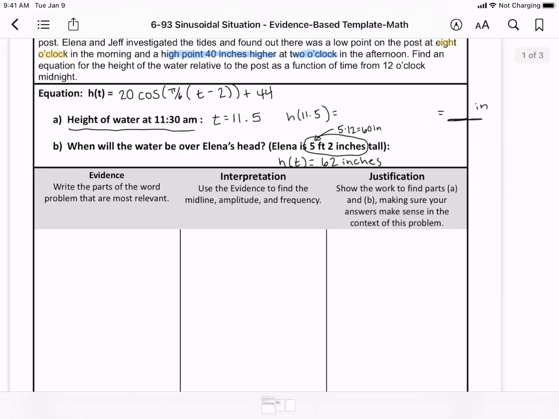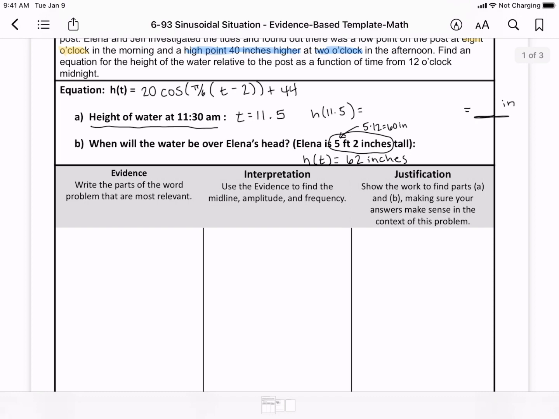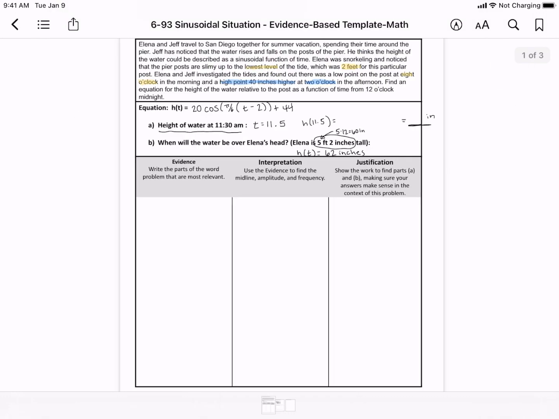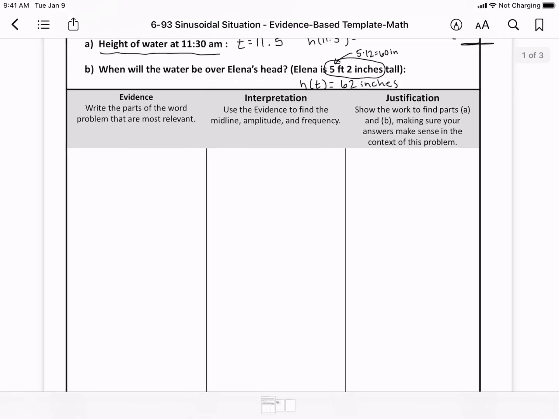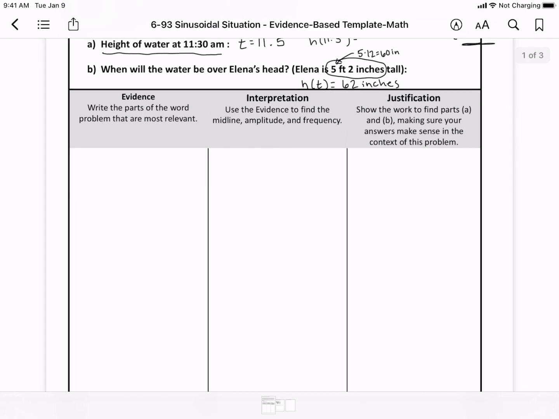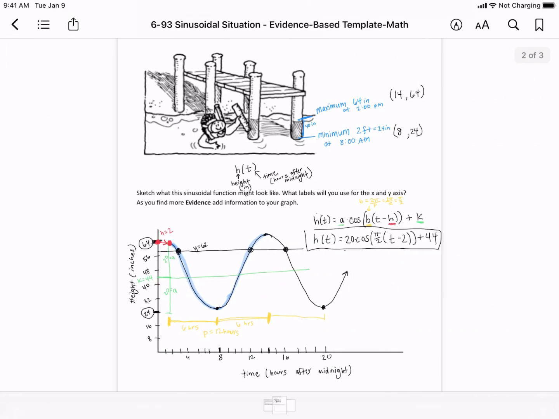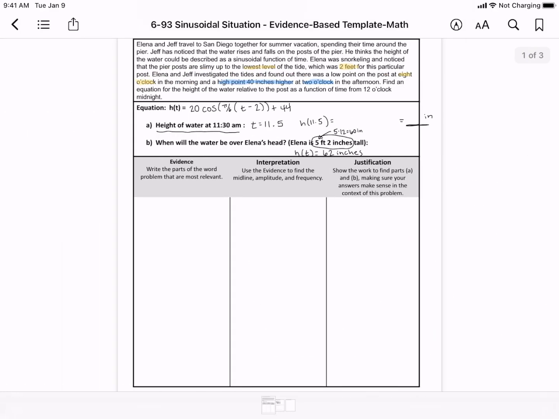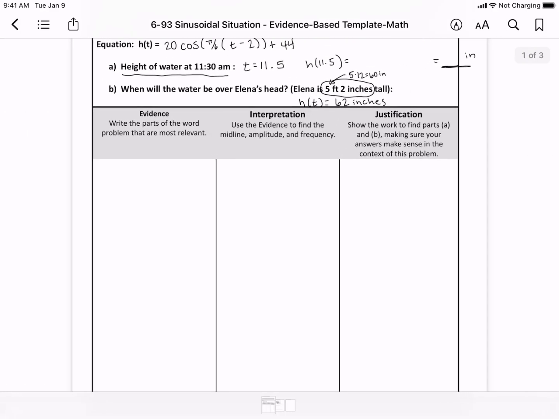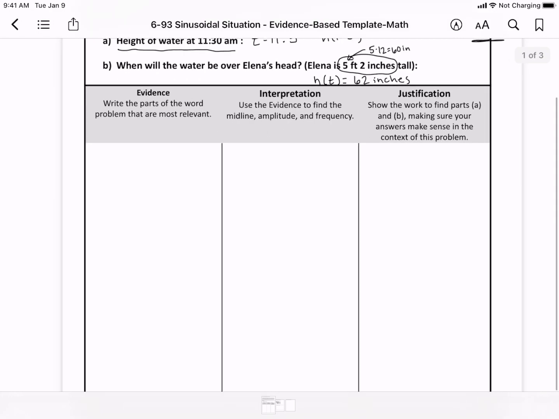Okay, so those are the main things I want you to do. You don't have to do this bottom part, but it could be helpful for you to just rewrite, basically explaining the steps that we took. So for you to show that you understand this, you will write what were the evidence in the word problem.